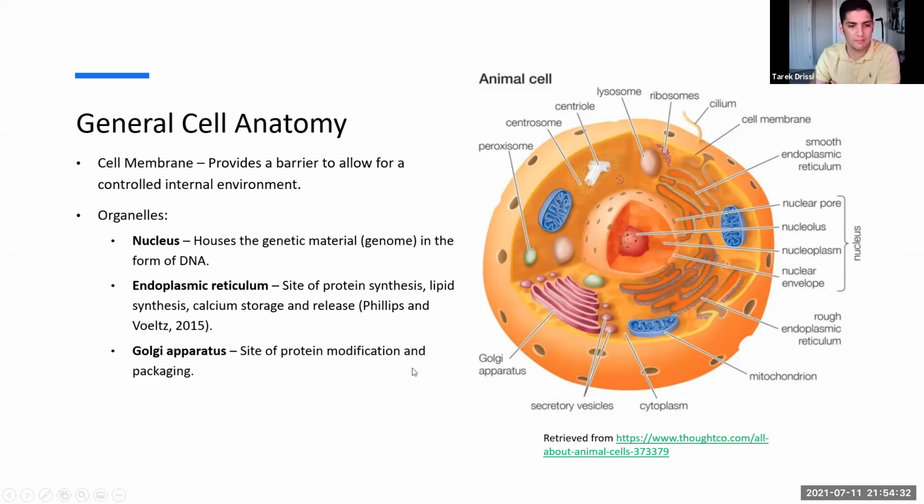The next one is the Golgi apparatus, which is the next organelle down the line from the endoplasmic reticulum. It is the site of protein modification and packaging. So the proteins are encoded in the nucleus, they're made in the endoplasmic reticulum, and then they're packaged in the Golgi to be shipped out of the cell, or to be moved to the membrane, or to be sent inside the cell to remain.